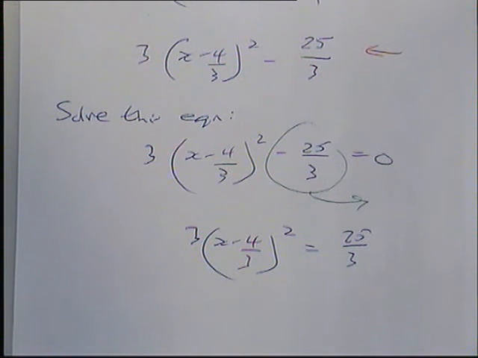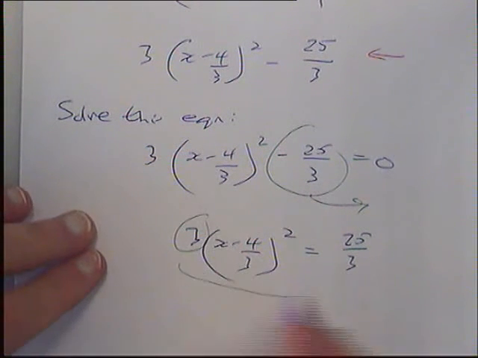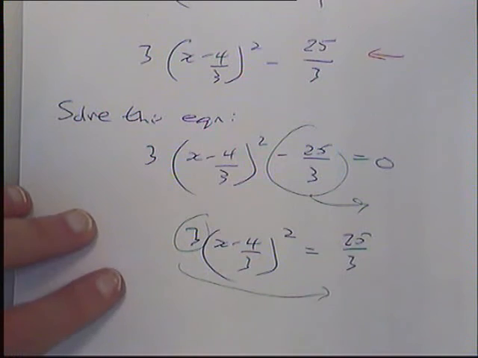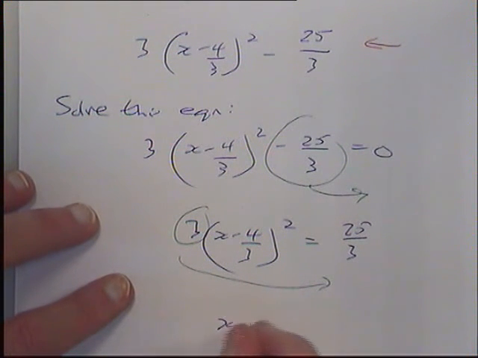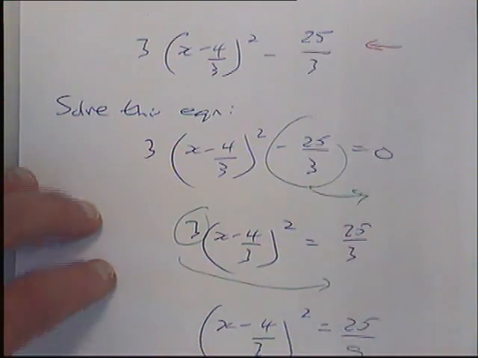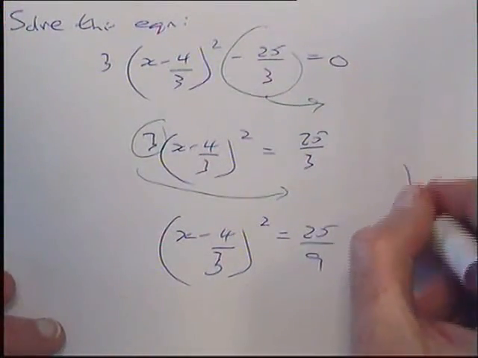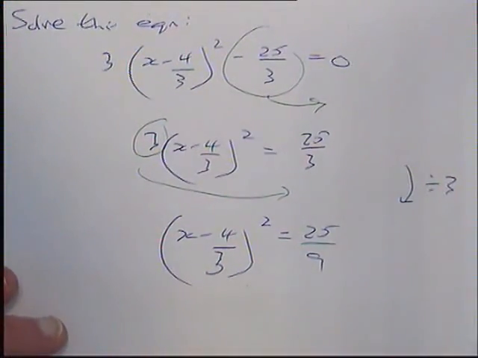What would be a good next step? Yeah, that's right, okay. Shift that 3 there, it's a dividing 3 onto the other side. So I'm going to call that 25 over 9, because I've divided that 25 over 3 by 3. So to get from there to there, I've divided by 3.